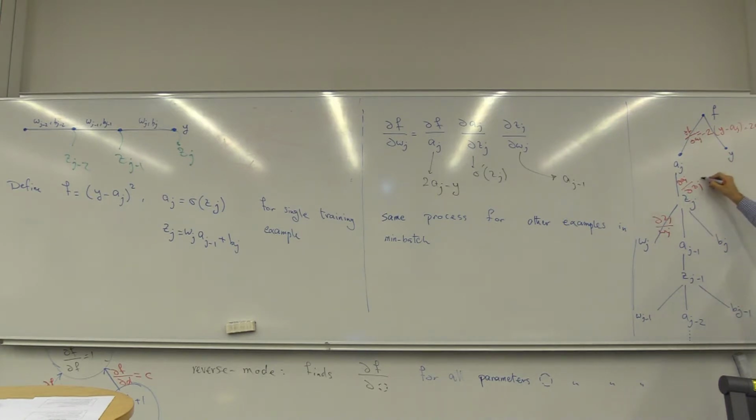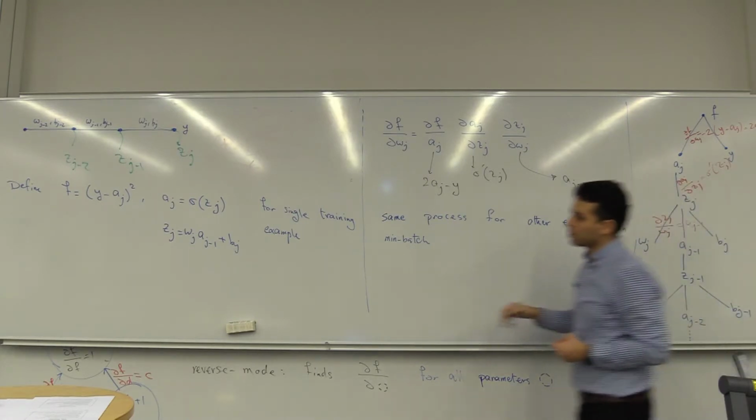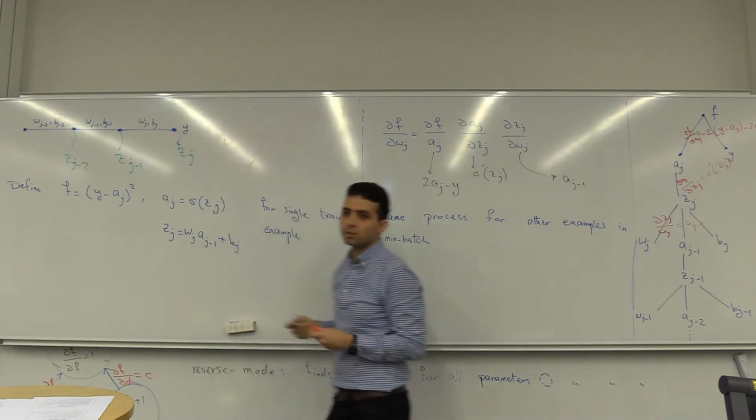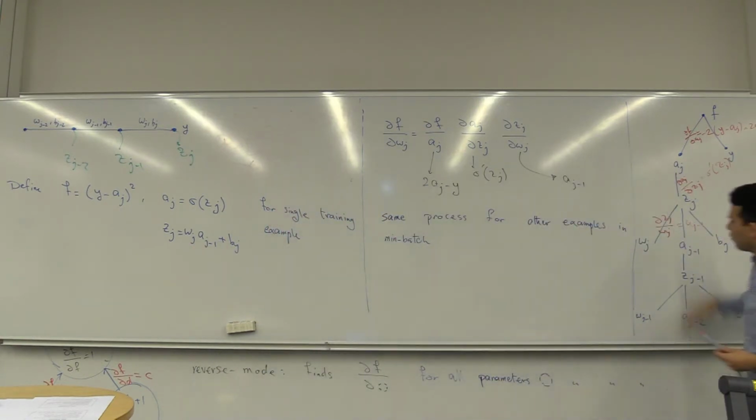What is this guy? This is sigma bar of Zj, the gradient of this nonlinearity. What is this? This is just Aj minus 1. Why? Because the gradient of Zj with respect to Wj is Aj minus 1. And then you already have that if you go one pass through the network. So what does it mean? It means that you can go one pass for every sample.